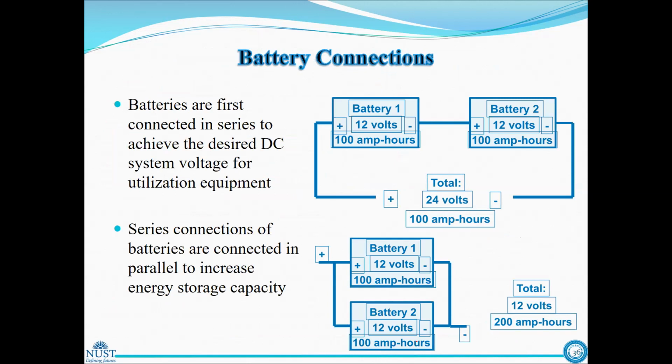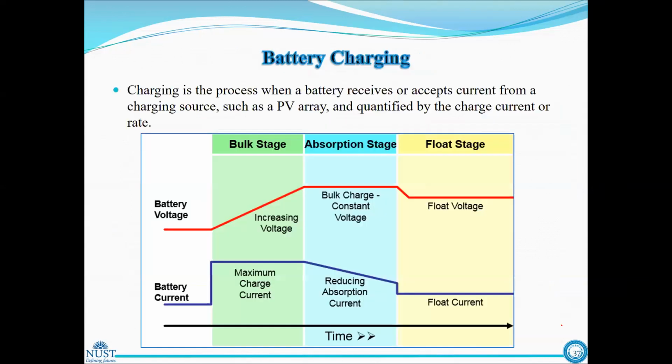To reach the required battery capacity and voltage, we have to join different batteries. For example, if we have 12-volt batteries, then we can join them together in series to increase the voltage levels. But if we join them in parallel, then we will not increase the voltage levels, but we will be increasing the ampere hours of the battery, which is actually the capacity of that battery.